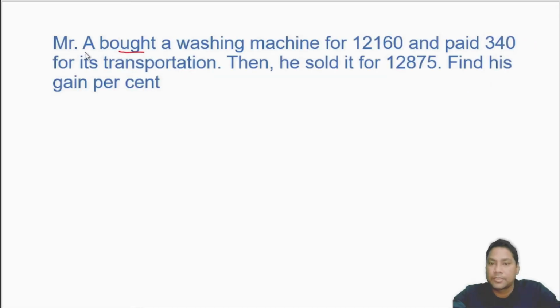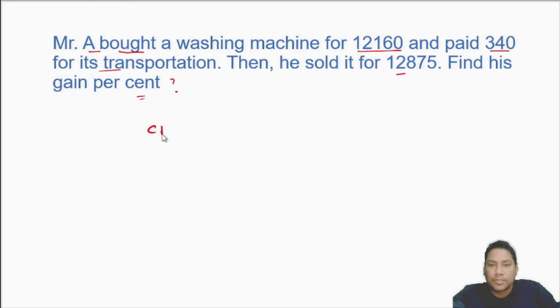In the question they have given, Mr. A bought a washing machine for rupees 1200 and paid 340 for its transportation. Then he sold it for 12,875. Find his gain percent. In these questions they have given the cost price, so for calculating faster, we will first take the total cost price.